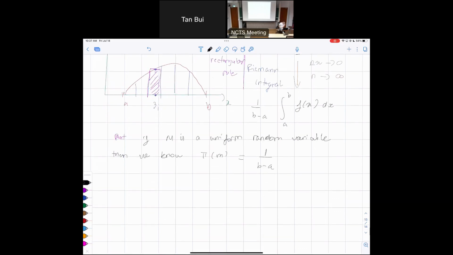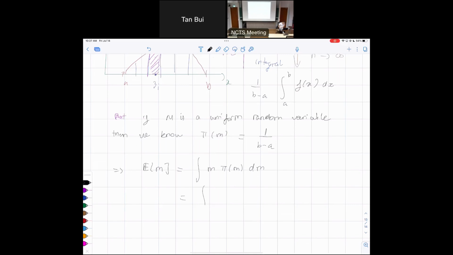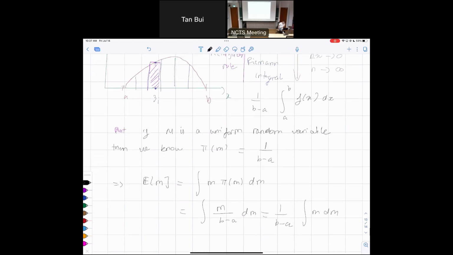And therefore, the expectation of M is equal to the integral of m times the density of m dm, which is equal to the integral of m over b minus a dm, which is equal to 1 over b minus a times the integral of m dm.